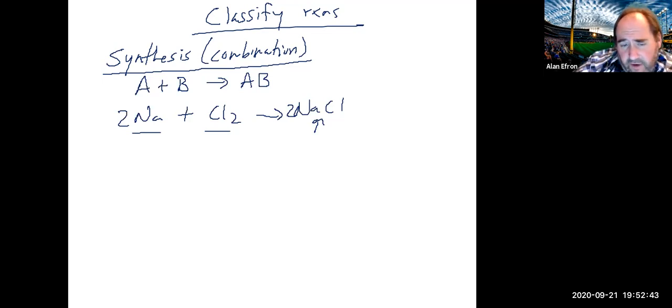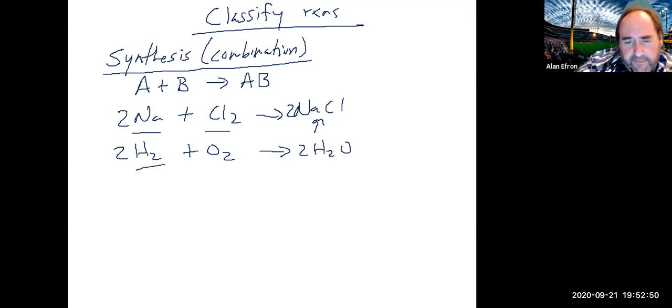The formation of water, H2 plus O2 makes some H2O. Again, 2 things make 1 thing. That's a classic way you can look at a reaction and identify it as a synthesis or combination reaction. You want to think about the general sort of reaction that takes place and try to match it up to what you're looking at.